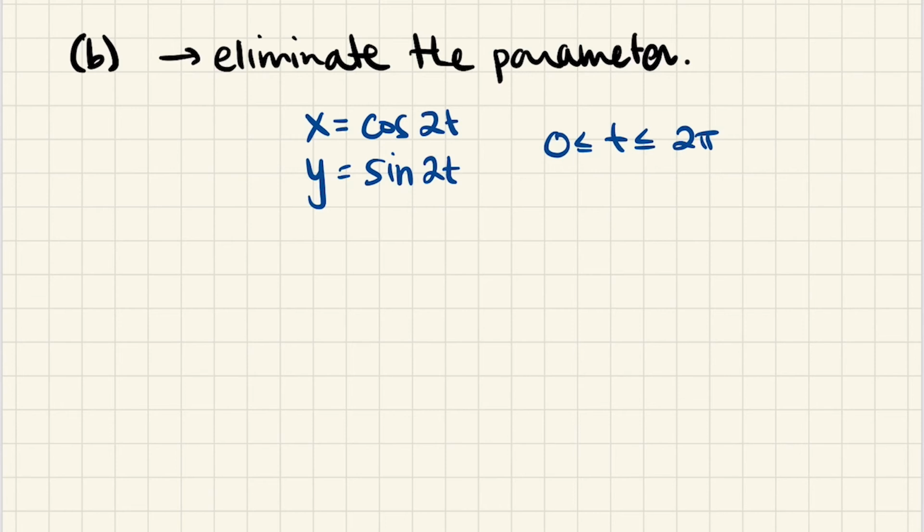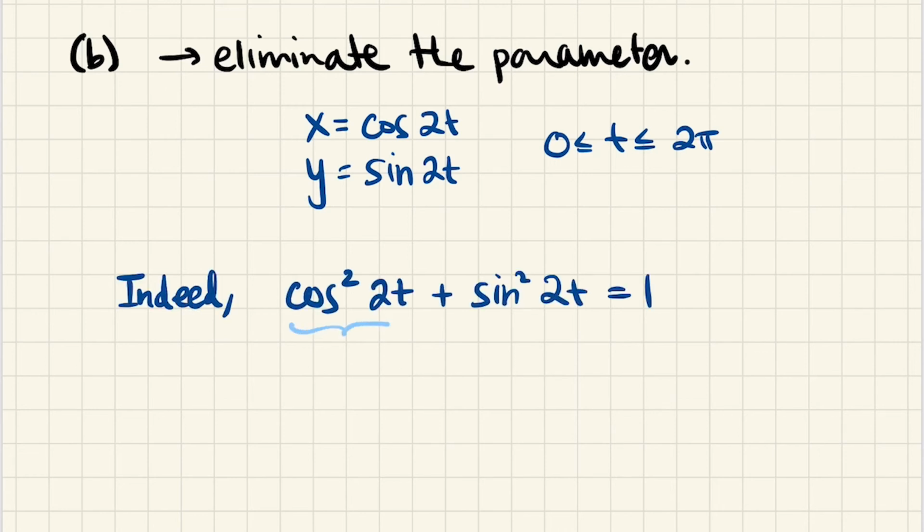We can use the same Pythagorean identity we used a moment ago, which is cosine squared of stuff plus sine squared of exactly the same stuff is equal to 1. Well, there's x squared, there's y squared. So we have x squared plus y squared equals 1. Okay, so unit circle again.